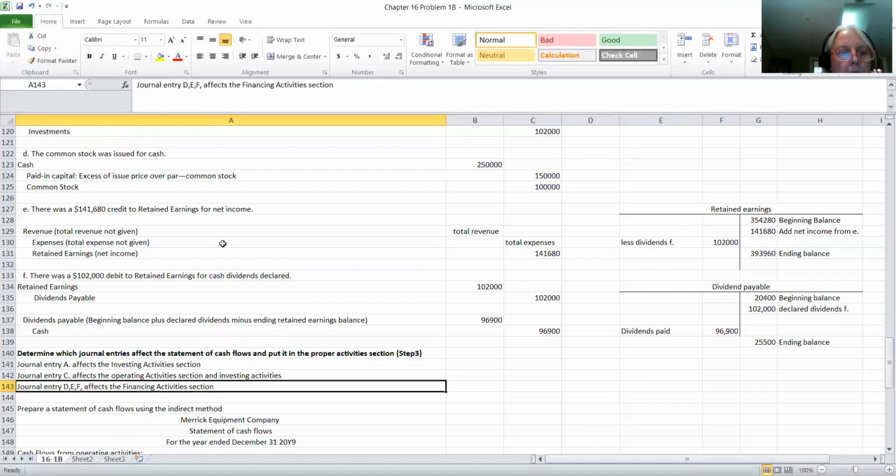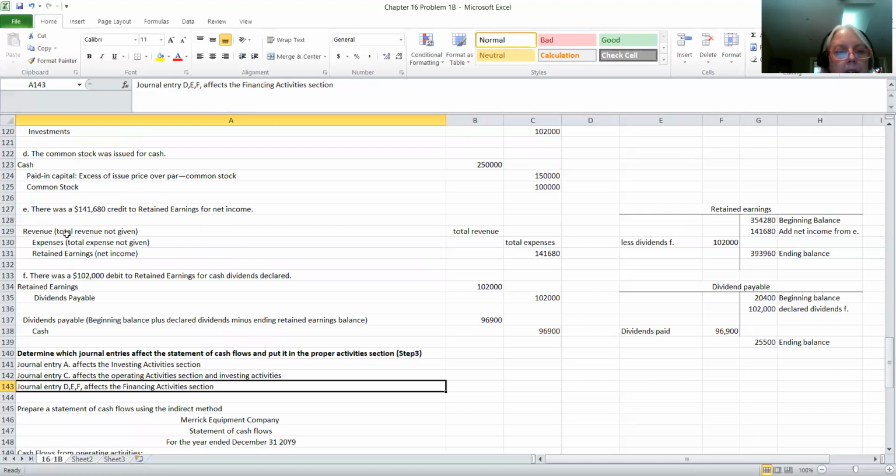So A, B, and C journal entries have been accounted for. Now we're going to start with D, E, and F. D is issuing stock for cash, which is a financing activity.